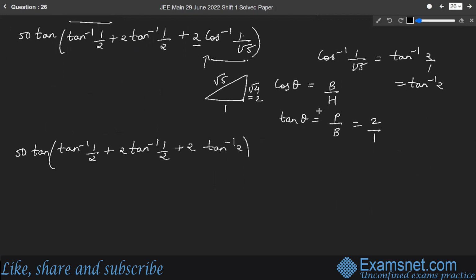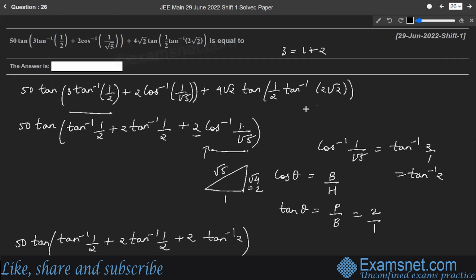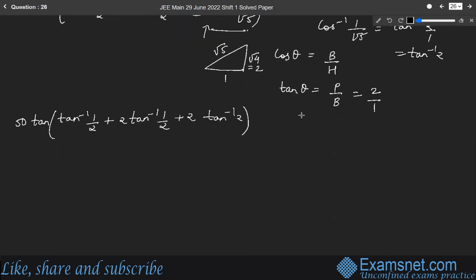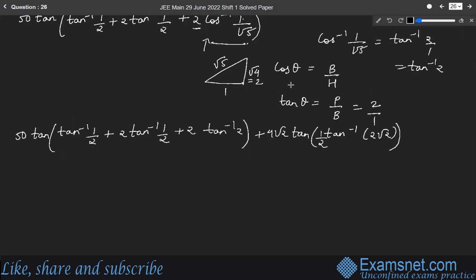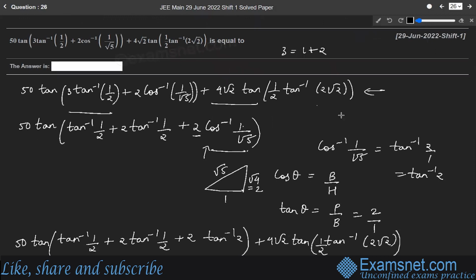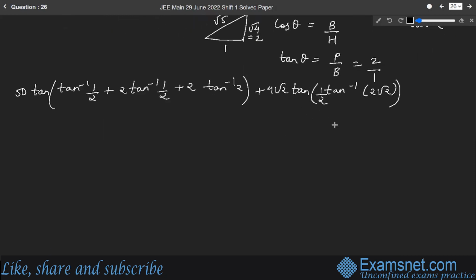Then we have the remaining term plus 4√2 tan(1/2 tan inverse 2√2). So this is the remaining expression here. Now you can see that from the last two terms, 2 is common.